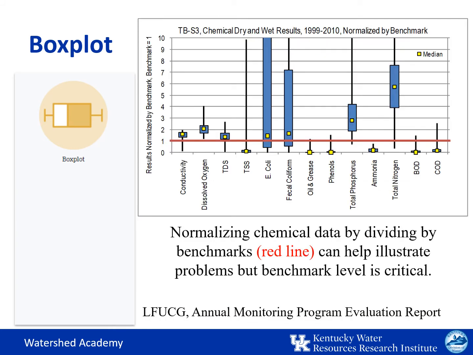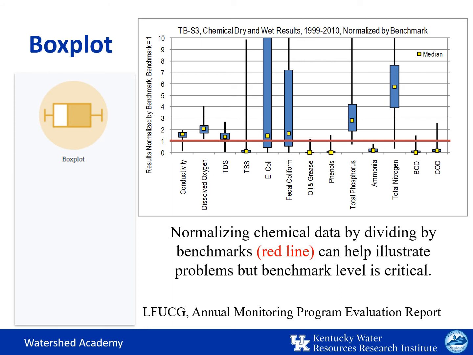This chart is an example from the City of Lexington's annual monitoring program in which chemical data is normalized by dividing by the benchmark. So the benchmark is the red line across the bottom. The yellow dot is the median in each case, and then of course the blue is the interquartile range.